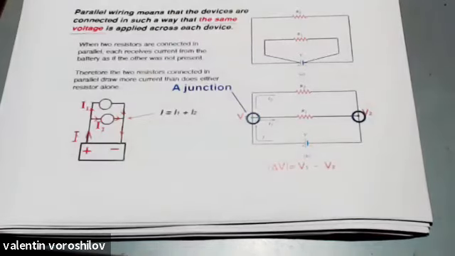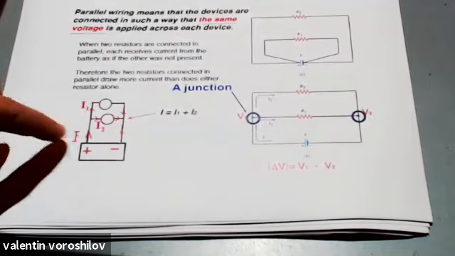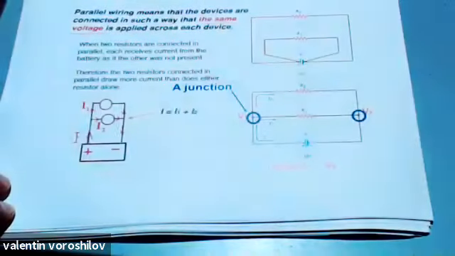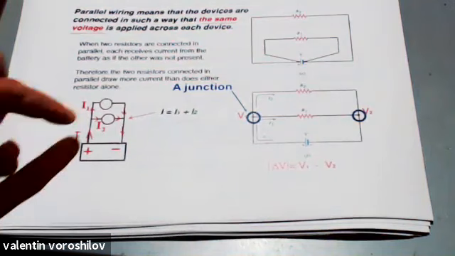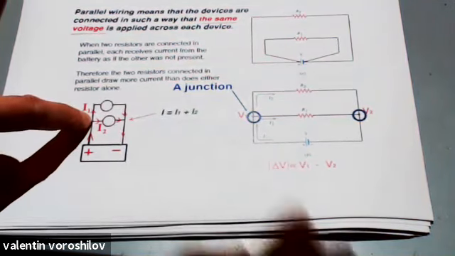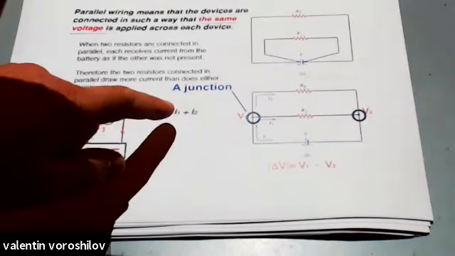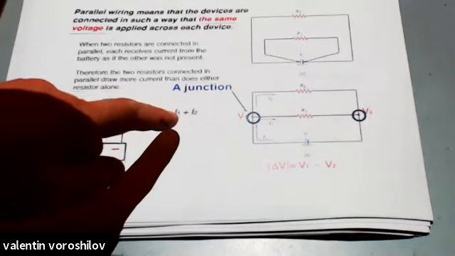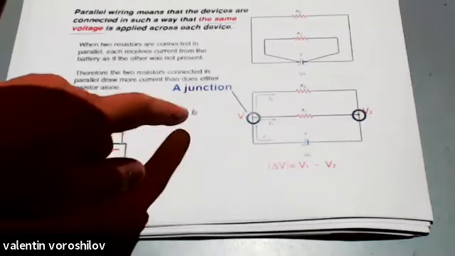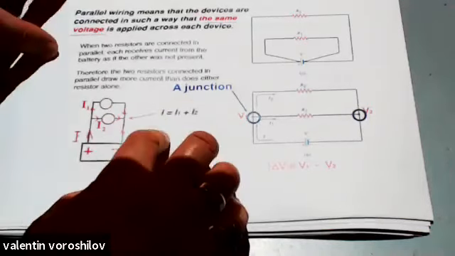Symbols are different. But the result is what? Well, first of all, remember the voltage is the same. Second, remember electric current splits. But here at this splitting point, or we call it a junction, we can apply the law of conservation of charge. Also, now we call it differently.